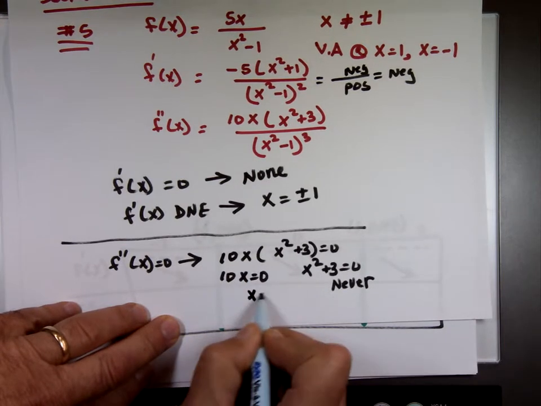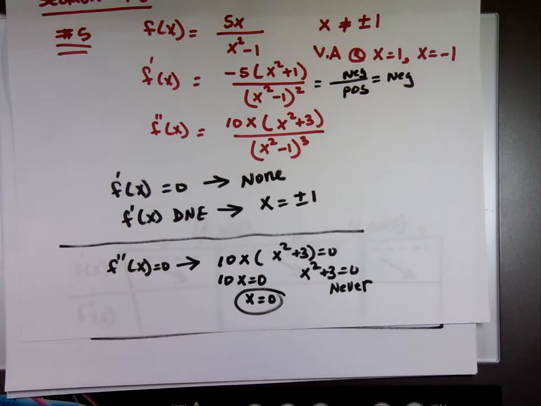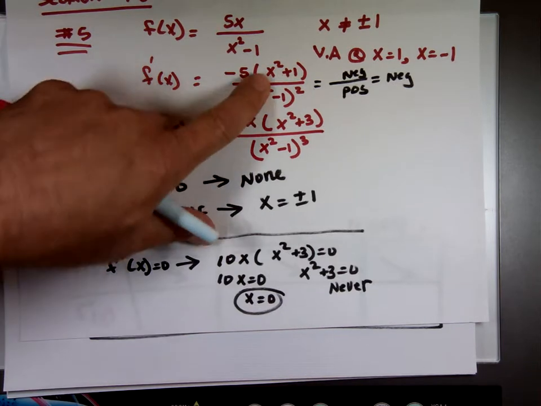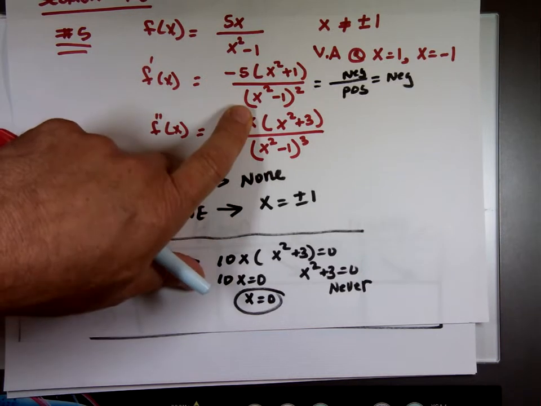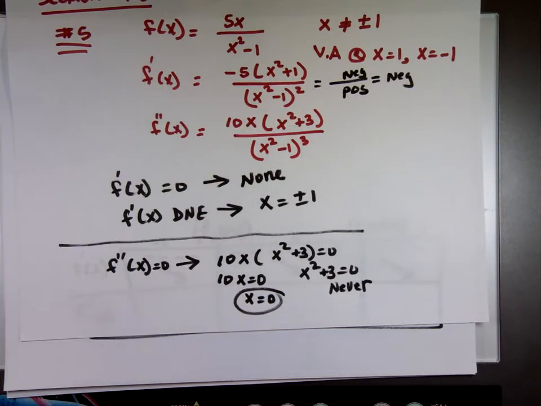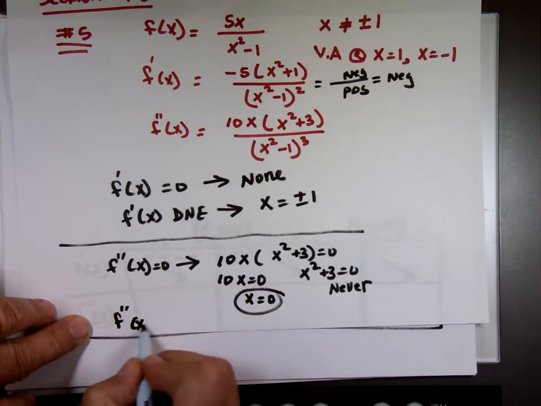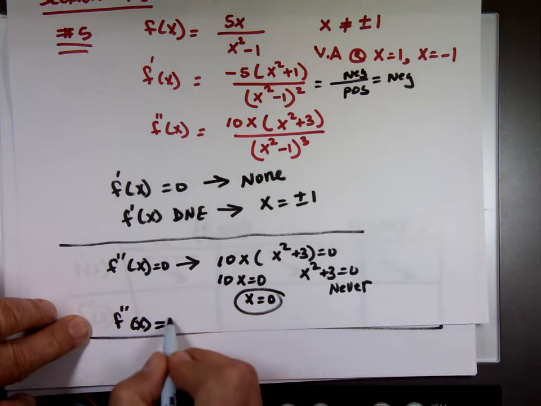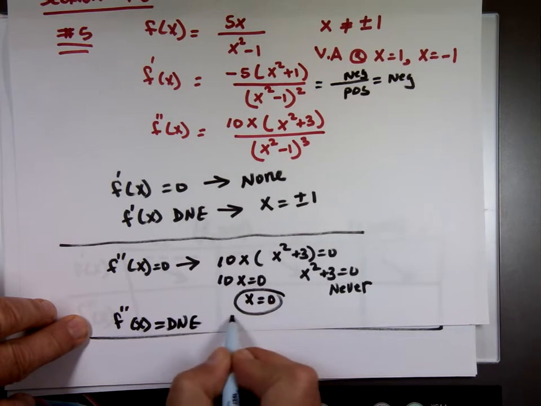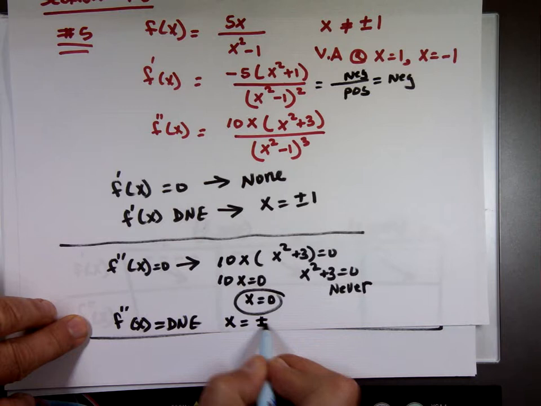This one, x equals 0. The second derivative does not exist where? x equals plus or minus 1.